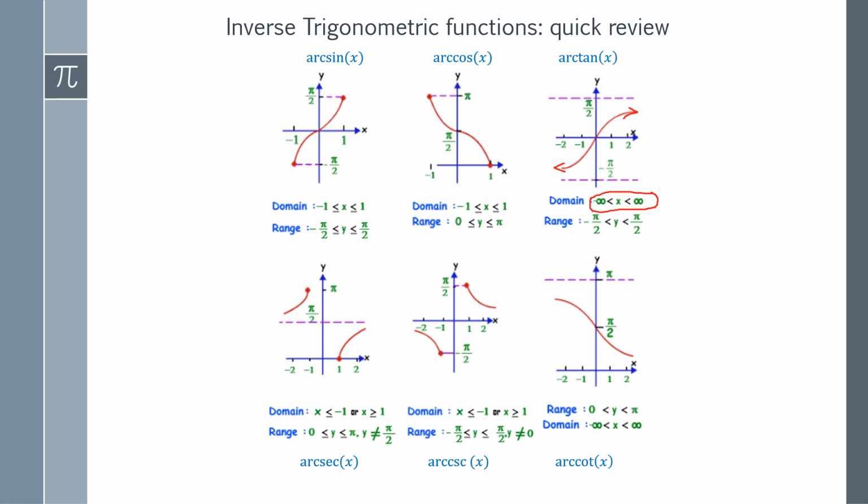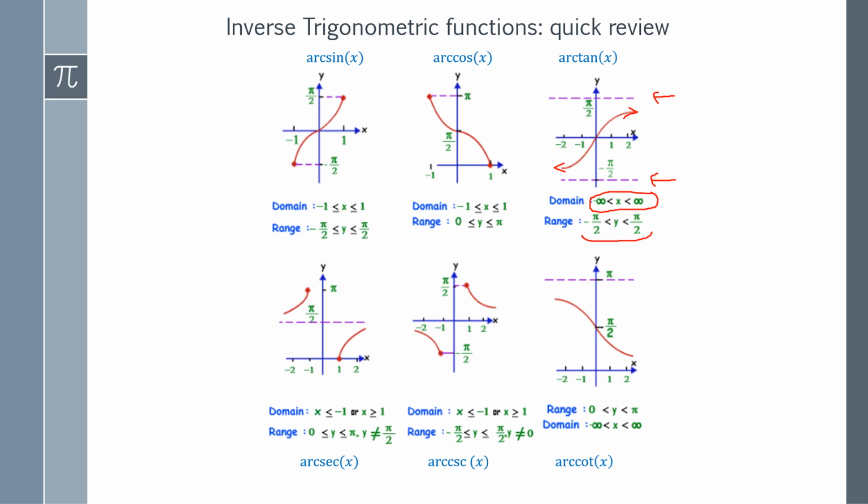Now, what about range? The range is between -pi/2 and pi/2, not including these endpoints. Notice that we have a strict inequality, and that is indicated by these horizontal asymptotes, right? So the graph is approaching pi/2 and -pi/2, but it's never going to reach it.